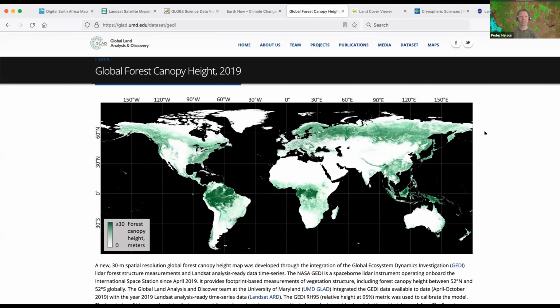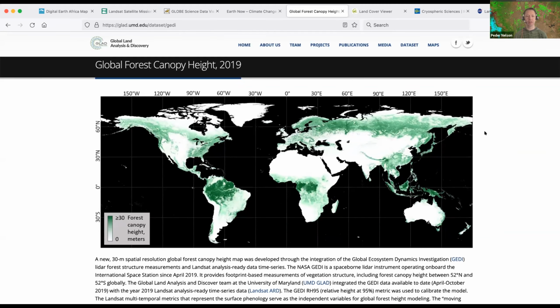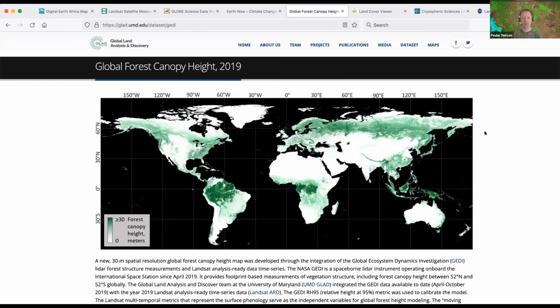And I want to highlight this one because this particular data set that we're going to focus on this year is a global data set. That's important for us. Equitable, so everybody's working with the same data set regardless of the country you're in. So we can actually do a comparison. And what's neat about this particular data set is it is using the laser data we've been talking about from GEDI, the Global Ecosystems Dynamics Investigation, as well as ICESat-2.